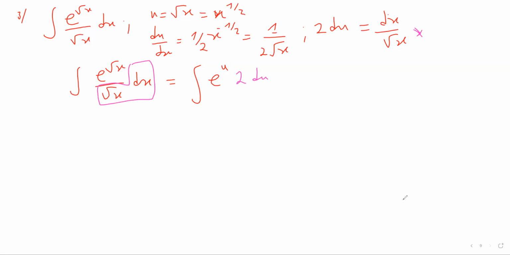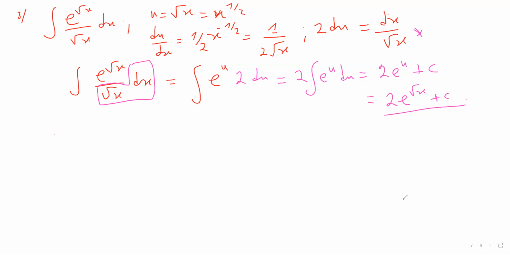So finally, we can write 2 integral e to the power u du, and this will be 2 e to the power u plus c. Of course, we know u is square root of s, so 2 e to the power square root of s plus c. So all these are part of how to do the change of variables for indefinite integrals.